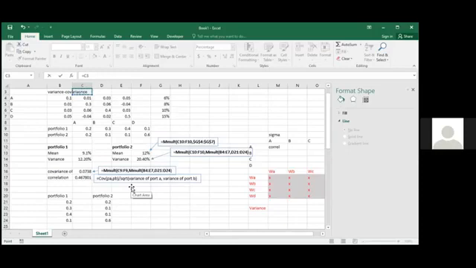So that value is not given in the example.